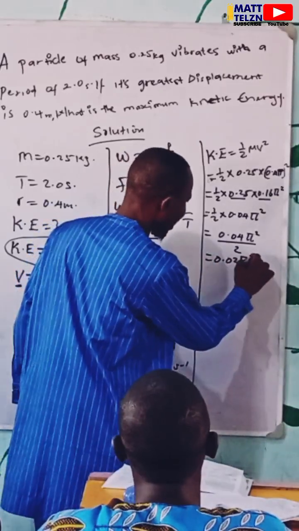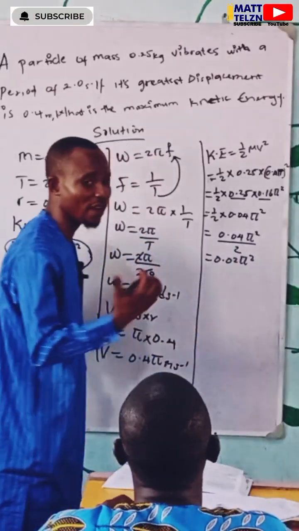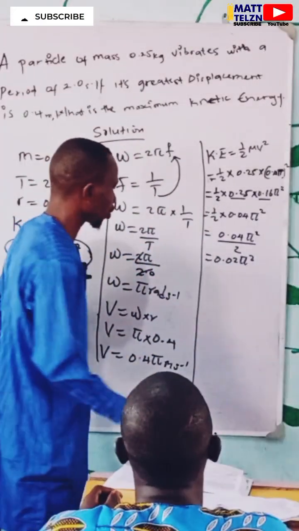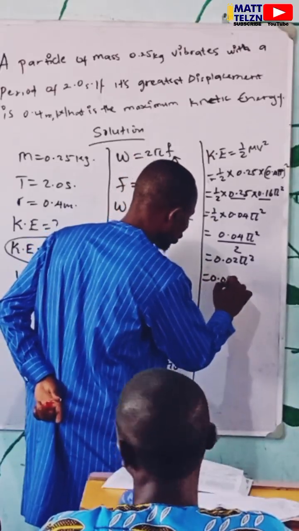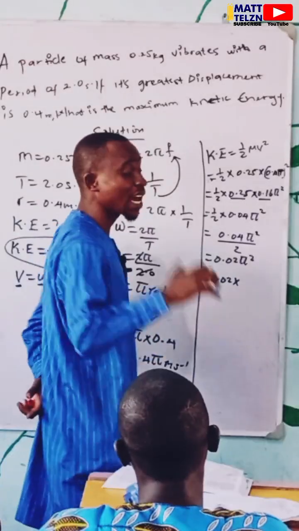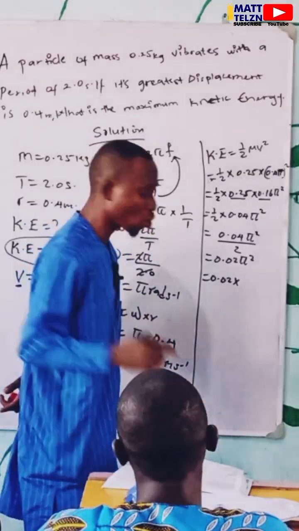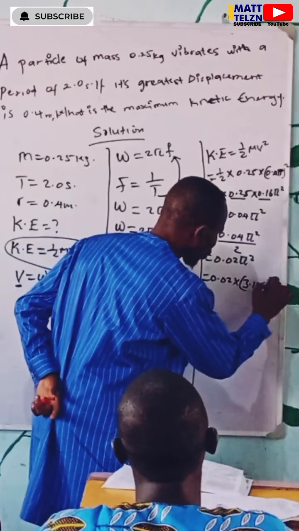That is 0.02 pi squared. Now let's simplify the value of pi and substitute. I have 0.02 times the value of pi, which is either 22 over 7 or 3.142, squared.